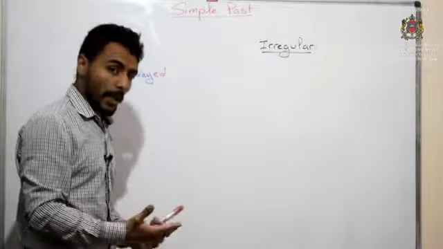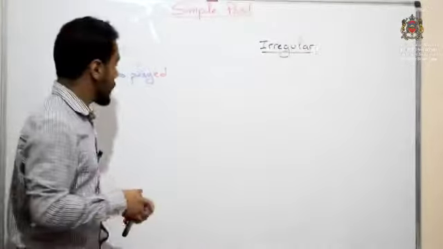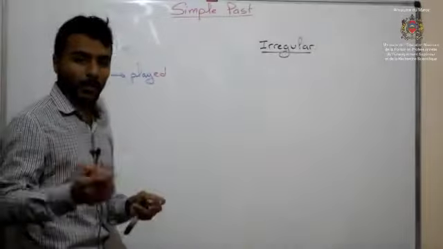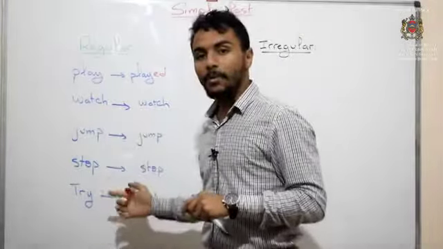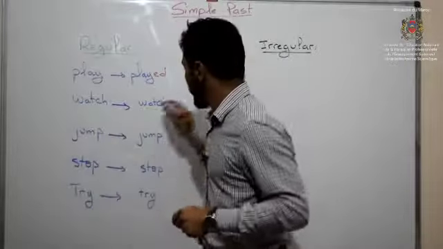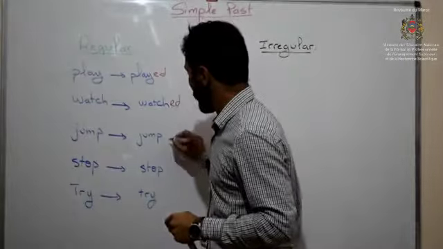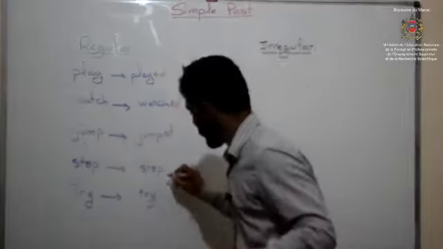I can't give you everything, of course. You have to take them all by yourself. So the following 5 examples are regular verbs to which you have to add ed. Jump, jumped. Stop, look at this.